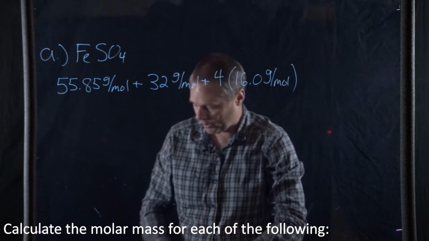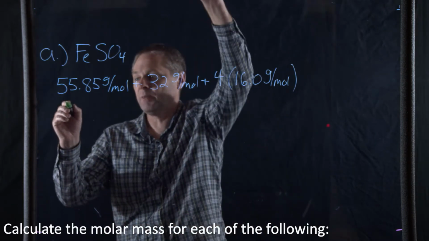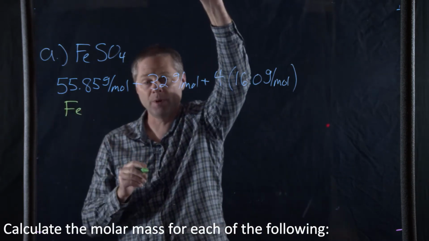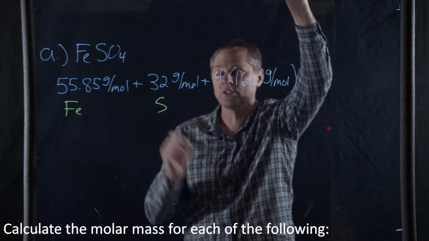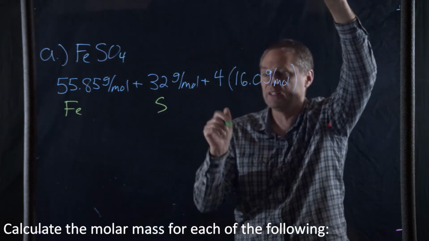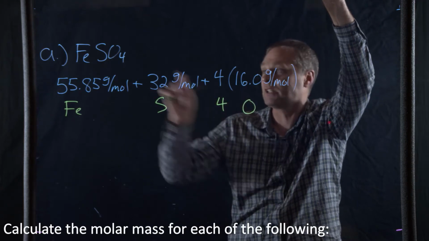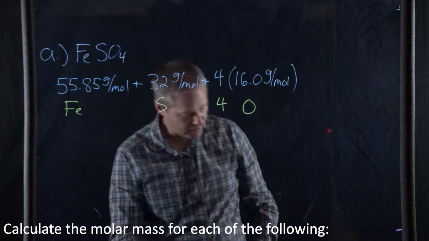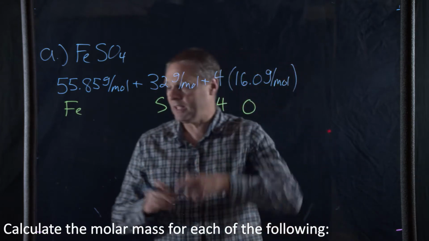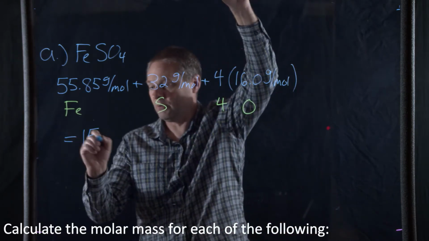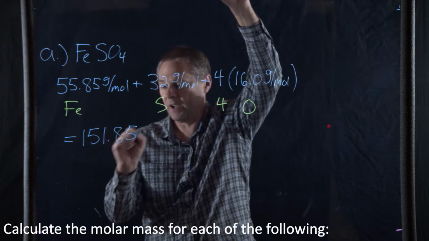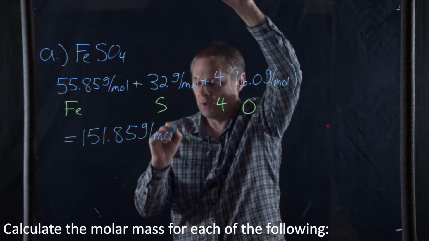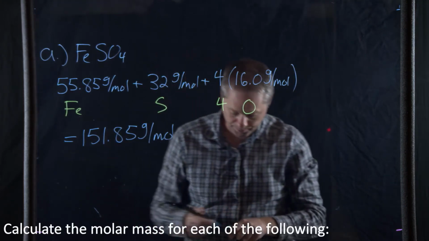Once again, I'm just going to write up here in a different color. This is the molar mass of iron from the periodic table. This is the molar mass of sulfur from the periodic table. And this is going to be the molar mass of 4 oxygens because we happen to have 4 oxygens. And we're going to sum all these numbers up, and what we get is 151.85 grams per mole for iron sulfate.